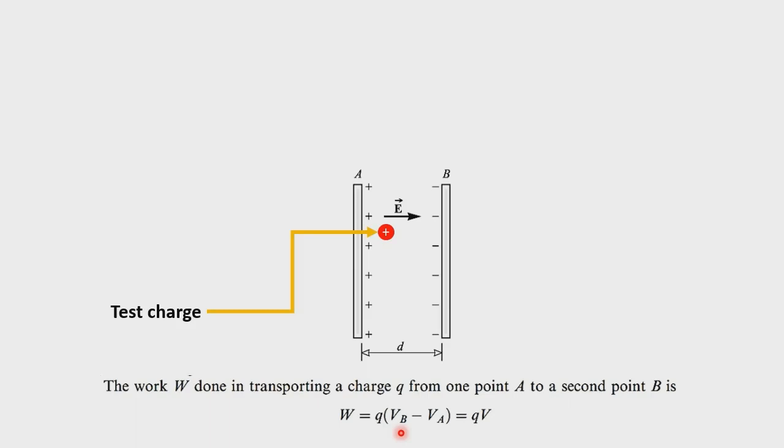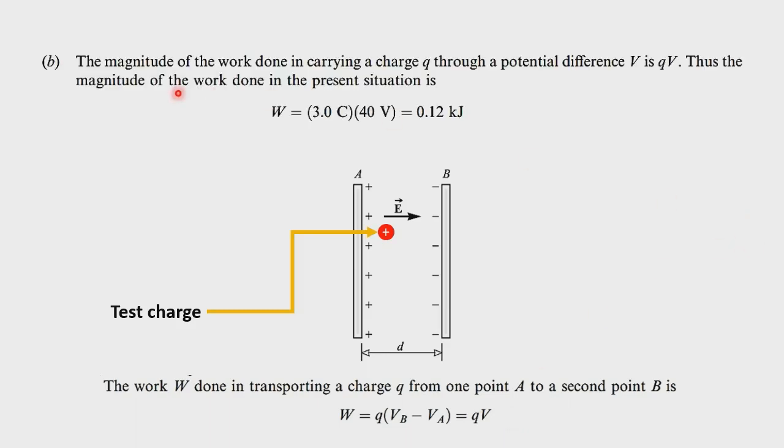Voltage simply means the potential difference, B minus A, which is also described by Q times V.